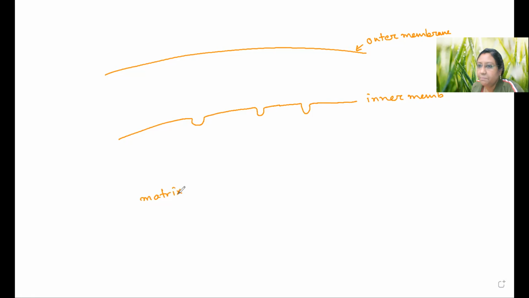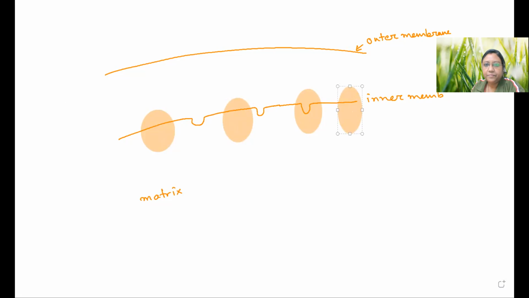Why we call them complex? Because they are group of enzymes as well as electron carriers. So first complex that is located is complex 1, then complex 2, complex 3, and complex 4.